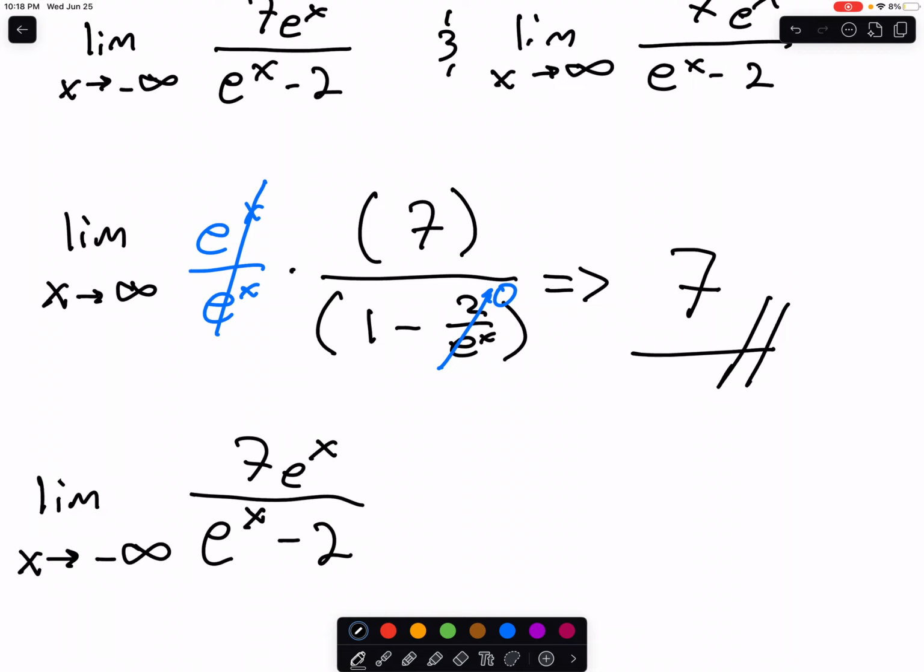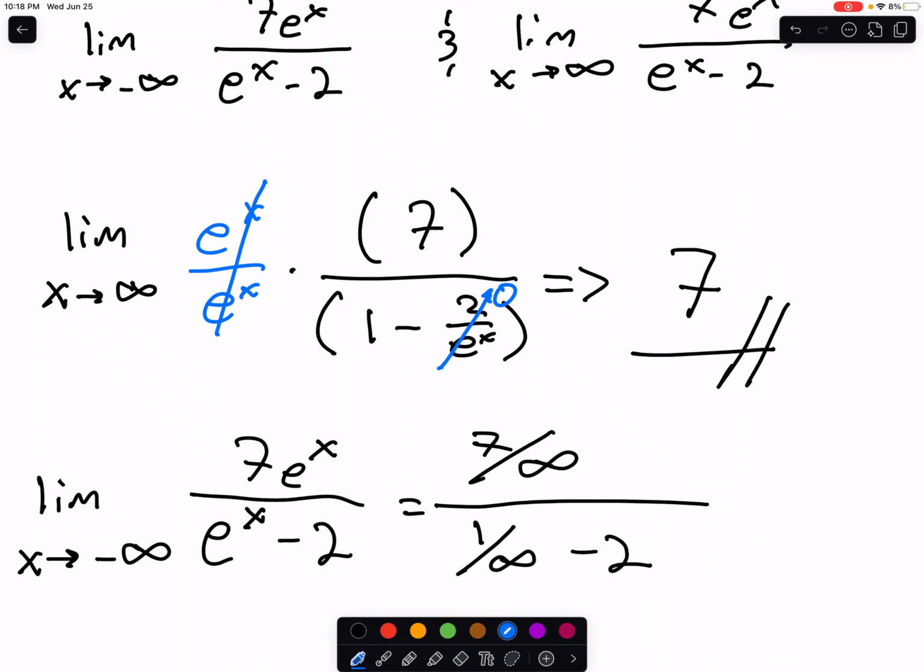So x goes to negative infinity. Conceptually, essentially what this is becoming is like 7 over infinity, right? Because the e has to go down because it's a negative power and it blows up to infinity, right? And then on the bottom, a negative infinity means we're going to have 1 over infinity minus 2. So then this guy tends to 0, and that's a negative 2.